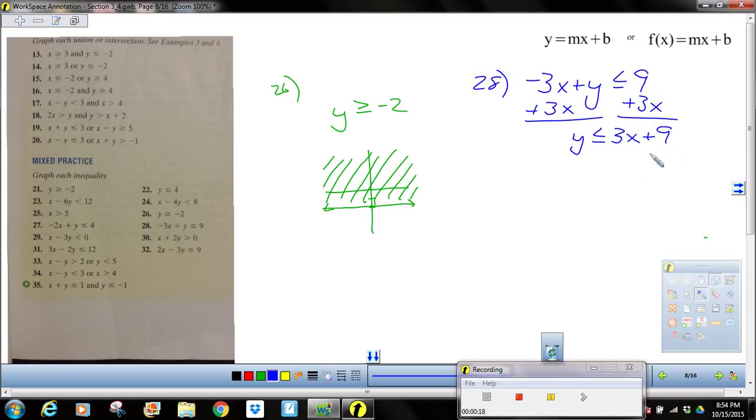Now slope-intercept form. The y-intercept is 9. Slope is 3, so I'm going to have to go up 3 more as x increases by 1.